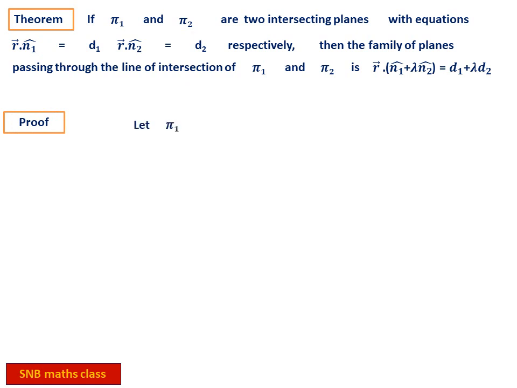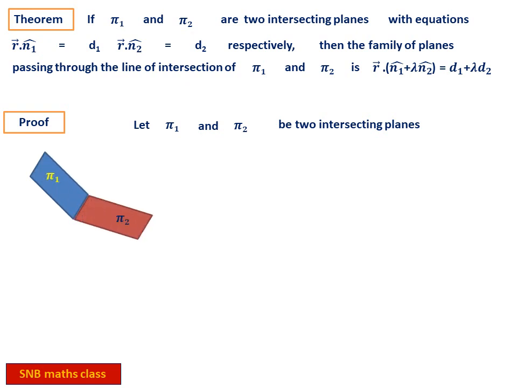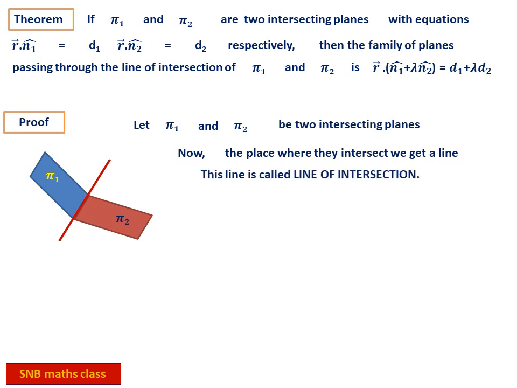So let us try to prove it. Let pi 1 and pi 2 be two intersecting planes. Like this is pi 1 and this is pi 2, and the place where they intersect, we get a line. So this is the line we are getting. This line is called line of intersection.